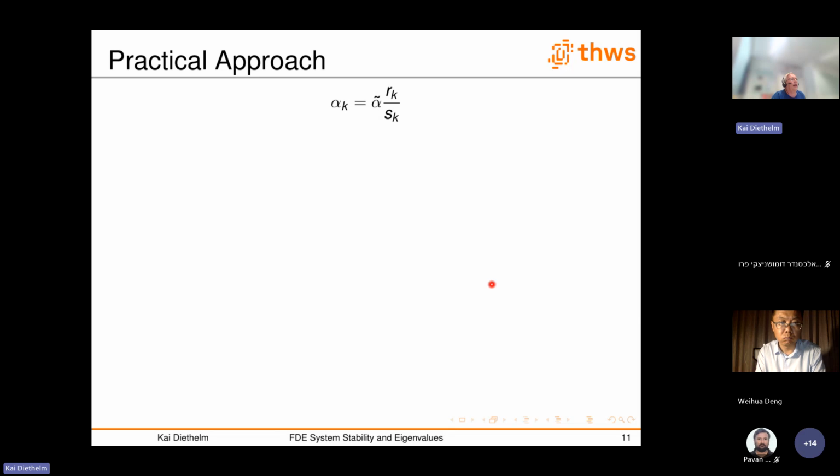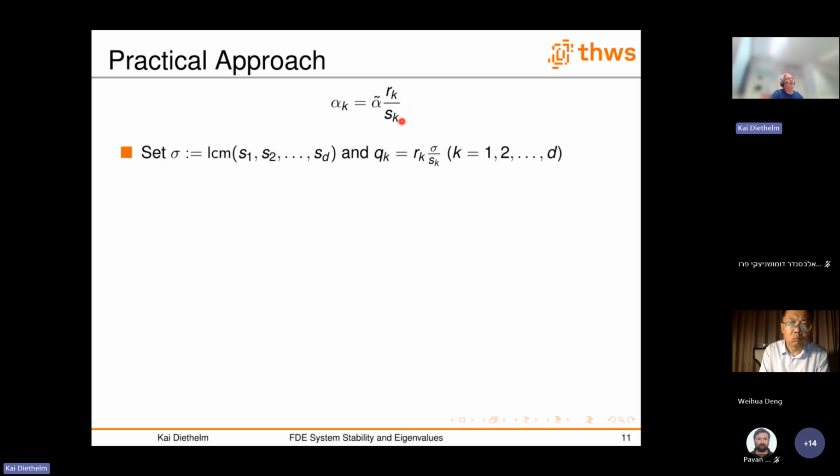Okay, so how does our algorithm work? Here's once again the definition, the connection between the given orders and the new numbers alpha tilde, rk, and sk. Then we look at all our denominators, the sk, and find their lowest common multiple, call it sigma, and then we define new numbers qk, which is rk times sigma divided by sk.